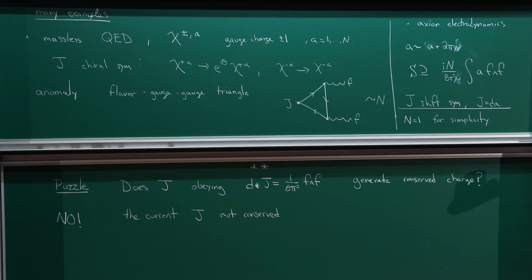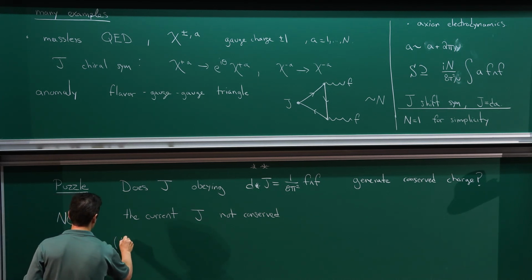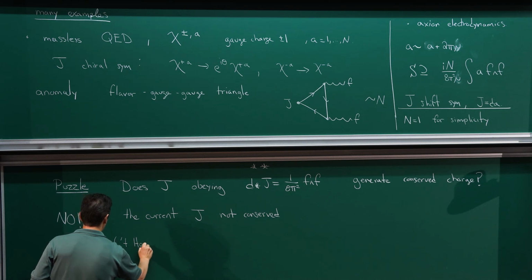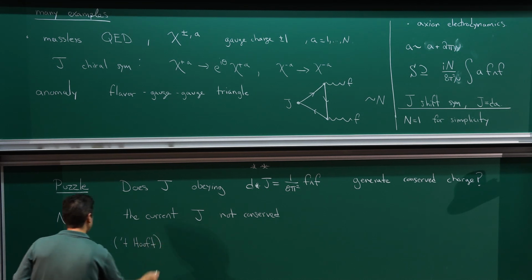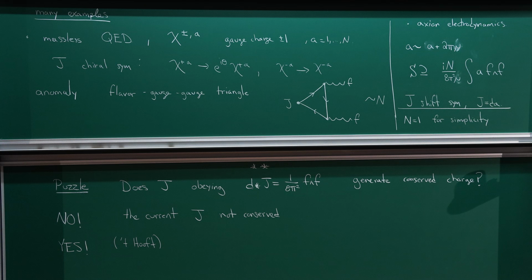So from one point of view, you should stop the discussion here. But there's a yes camp as well. The leader of the yes camp is 't Hooft, who I believe should really be credited with this kind of observation. So despite this divergence, let's push on and see what we can make of it. So let's examine a formal charge.